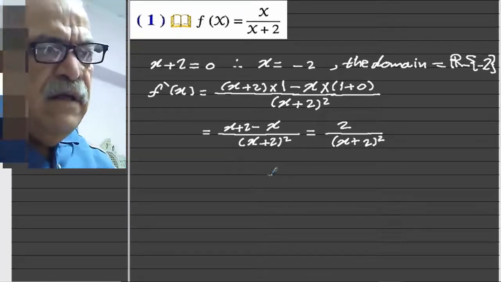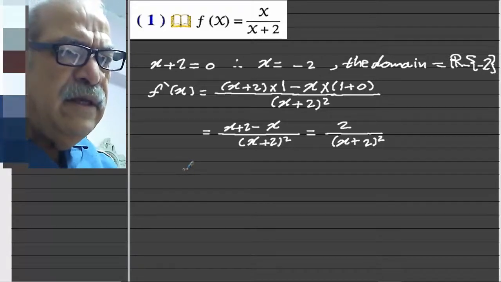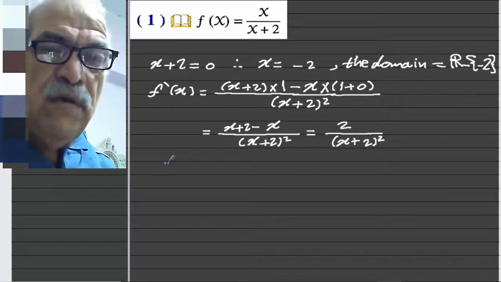Here f dash not equal 0, and f dash of x is undefined when x equals negative 2.